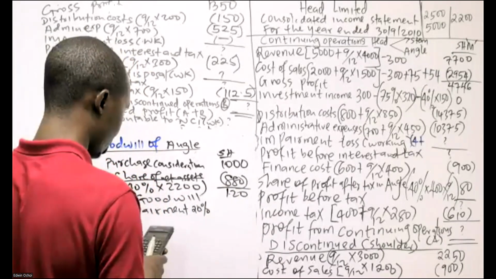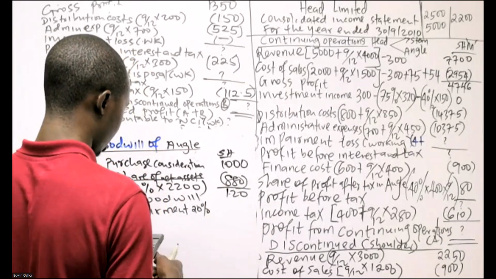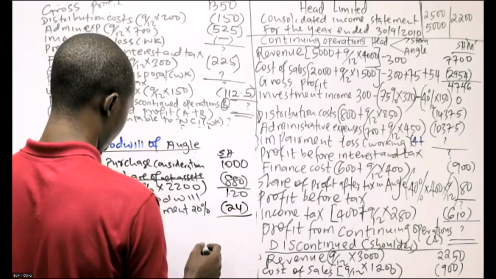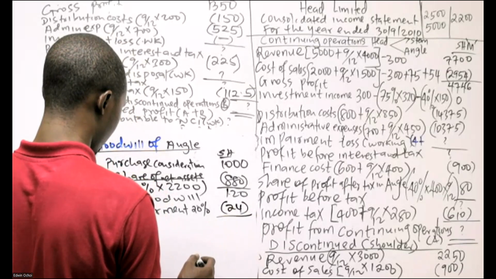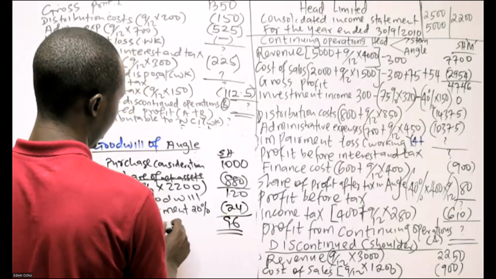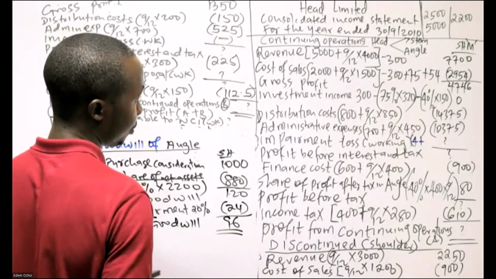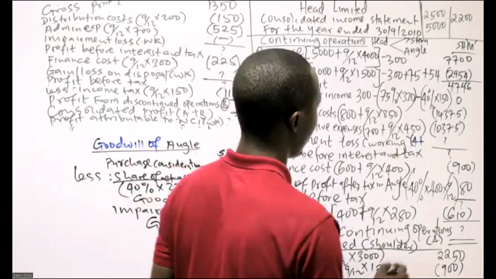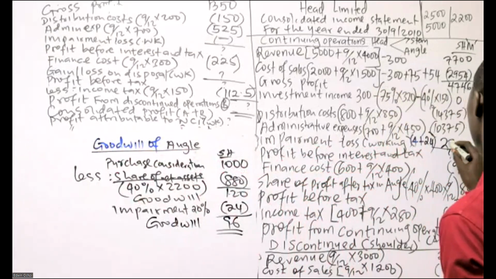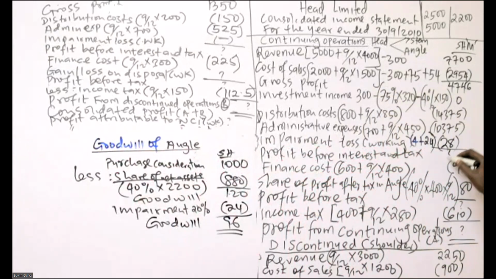So 20% of 120, it's 24. 120 minus 24, answer 96. So that is goodwill. So yeah, 24. So meaning that this one will be 28, the one for STEM and Uncle.